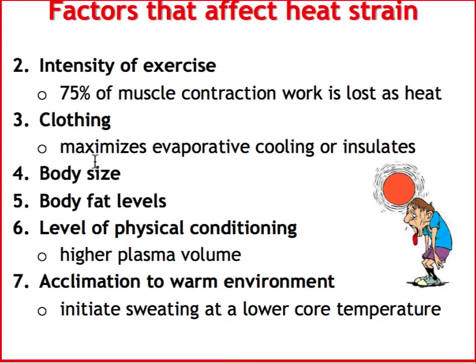Larger body size, you expend more energy, so that means you're going to produce more heat when you're exercising. Body fat levels, body fat is insulating, and so people that are larger with larger fat mass tend to be more insulated, so they could be more sensitive to heat strain.